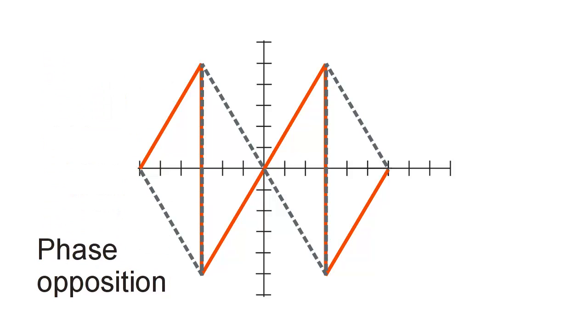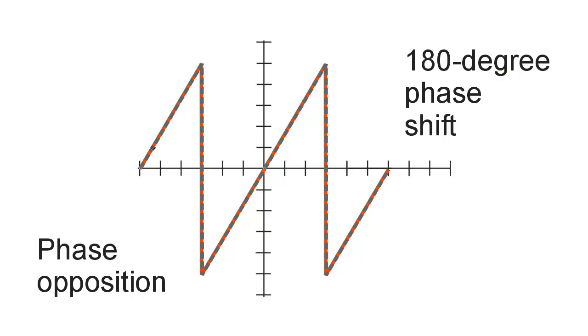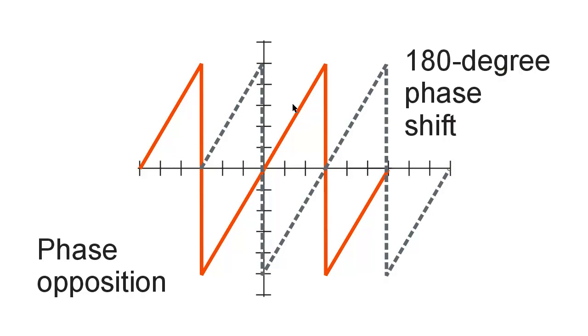In most cases, with most waves, there is a difference between phase opposition and a 180-degree phase shift, which once again we see if we turn the original wave right side up and move it to the right by a half a cycle, like that. Notice two very different situations in the case of a sawtooth wave.